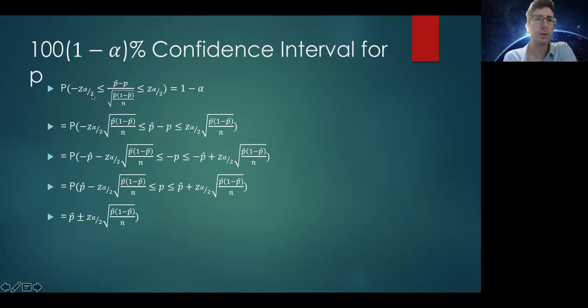This alpha over 2 just shows that this is the z value with alpha divided by 2 area under the curve, basically to the left, and this is actually going to be above.